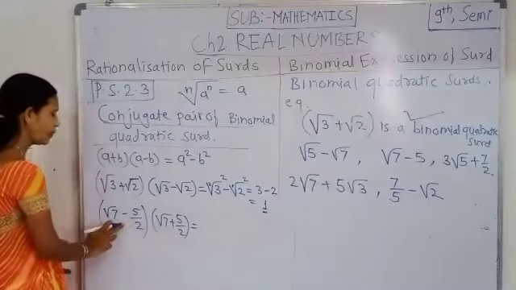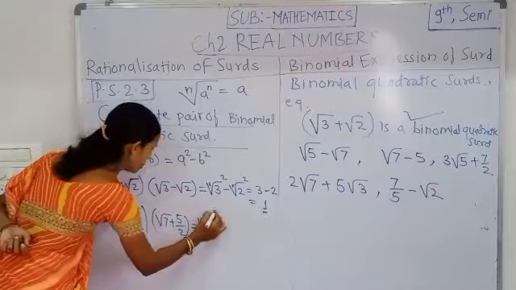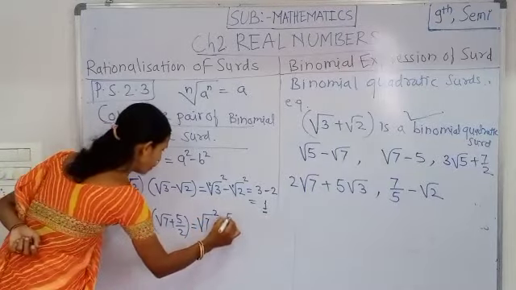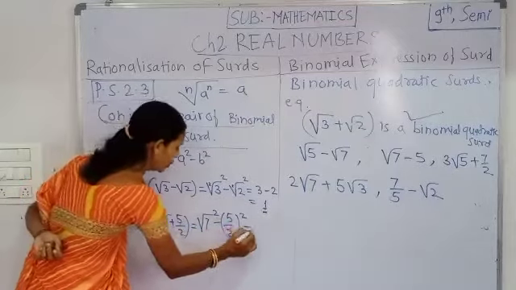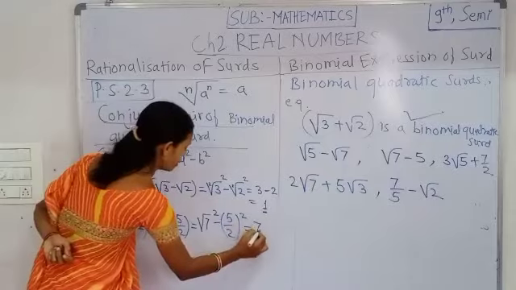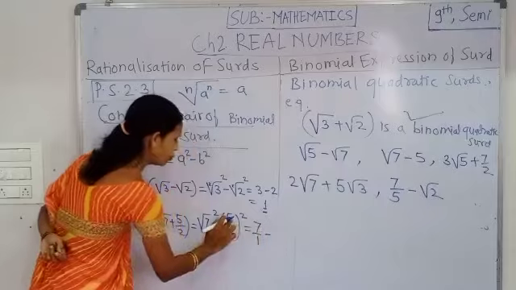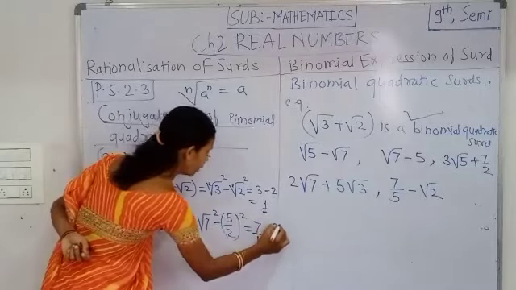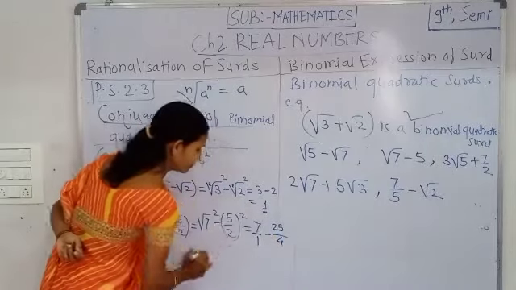Then a minus b, a plus b, we get like this: root 7 square minus 5 upon 2 bracket square. Therefore, we get here square root of 7 square is 7, and 7 means 7 upon 1, minus 5 upon 2 square, that is 25, 5 square upon 2 square, that is 4.